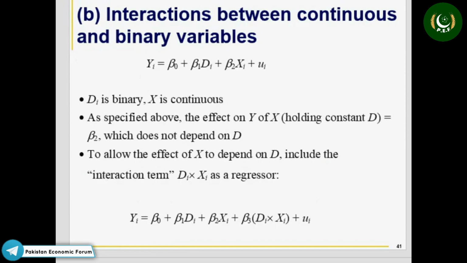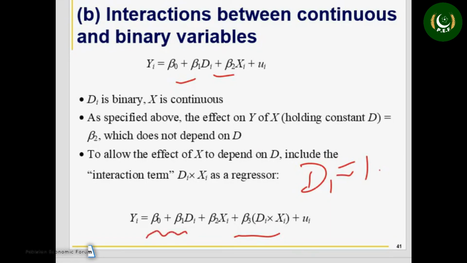If you have one binary variable and one continuous variable, they will have an interaction like this one. When D1 is 0, it's beta naught plus beta 2 xi, and this term will be 0. When D1 is 1, the intercept will be beta naught plus beta 1 instead of just beta naught.